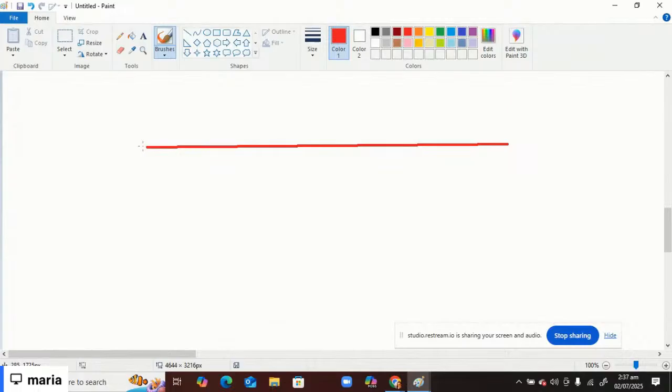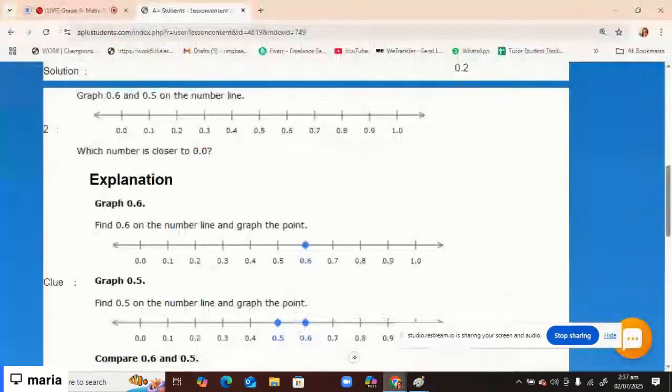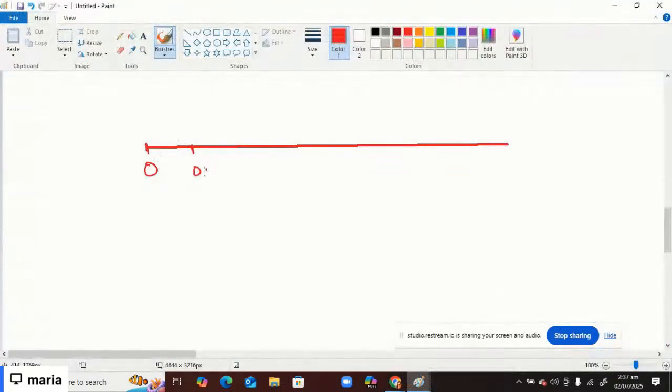This is 0, 1.0, and 0.1, 0.2, 0.3, 0.4, and that is 0.5.